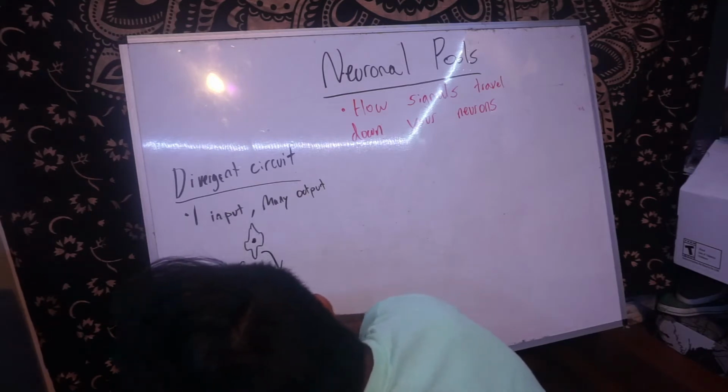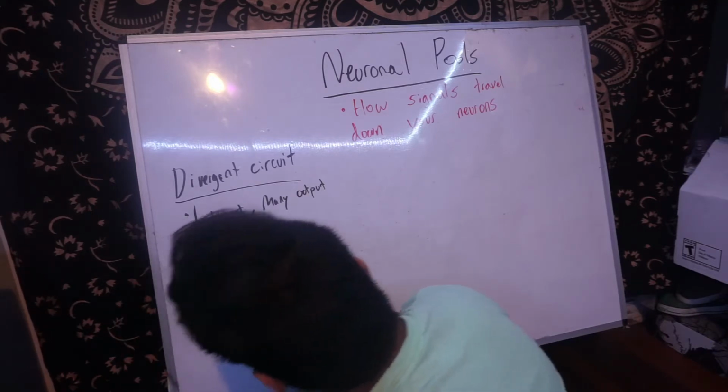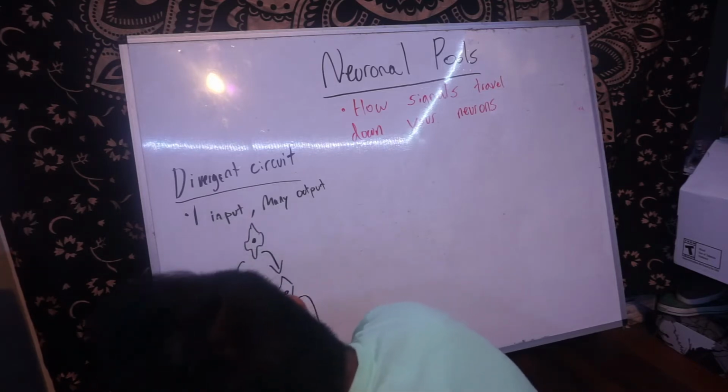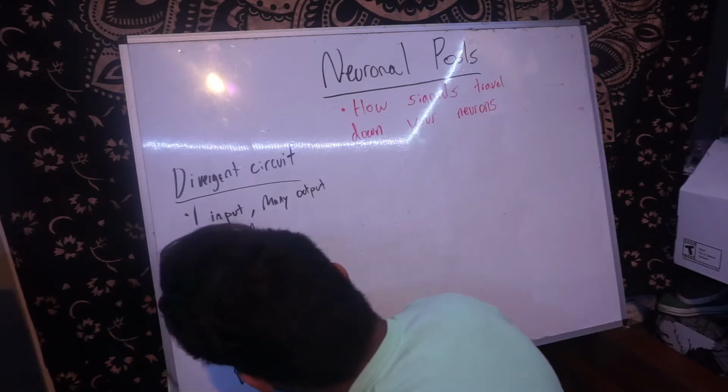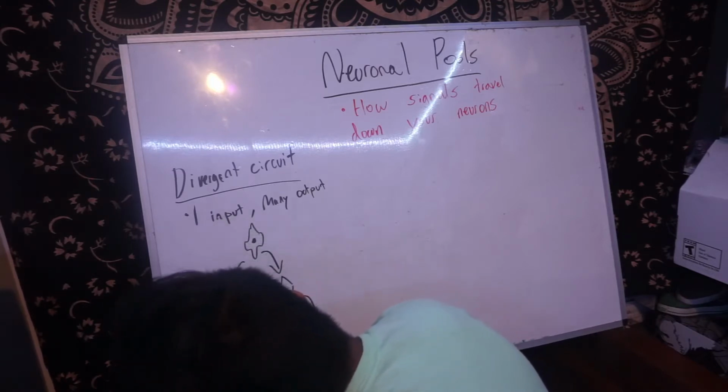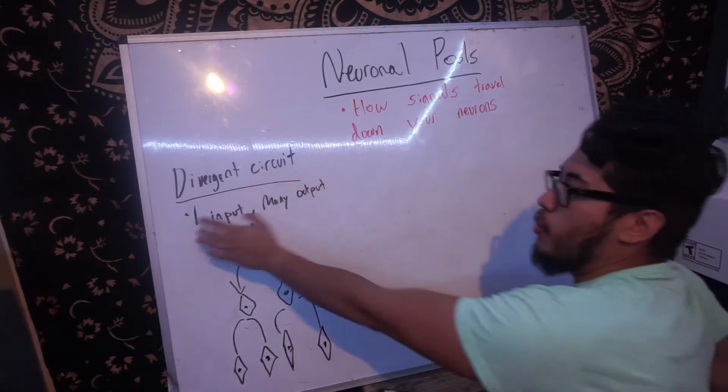I'll just draw them as little diamonds, right? And they send down to two more. It's very rudimentary. Does this sort of make sense to you guys? So divergent: one input, many outputs.